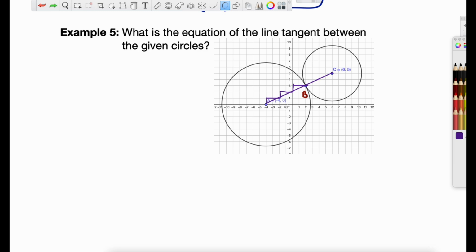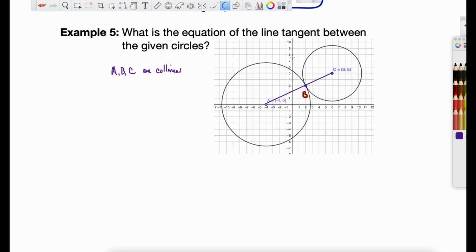So we can say that A, B, and C are collinear. Given that A, B, and C are collinear, B would be a point of tangency.